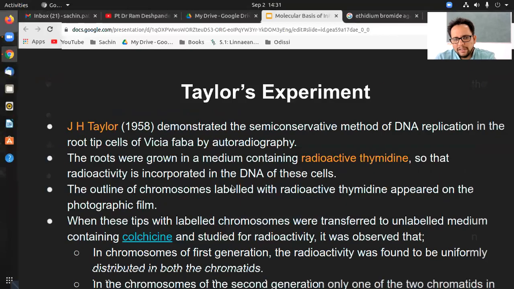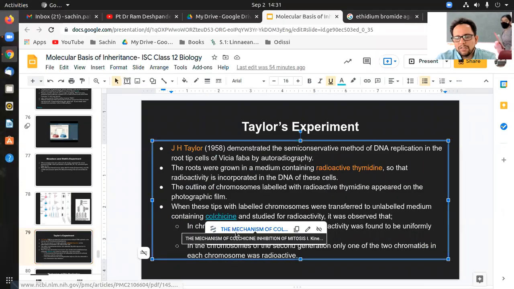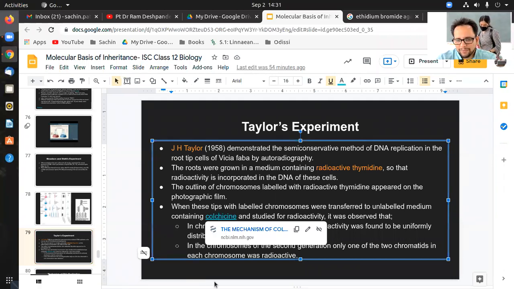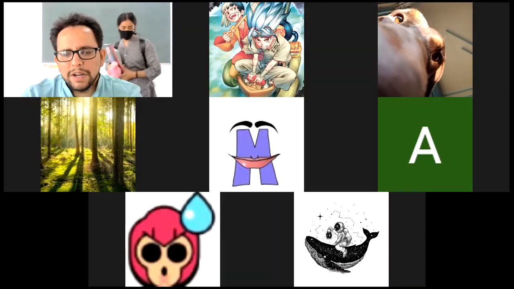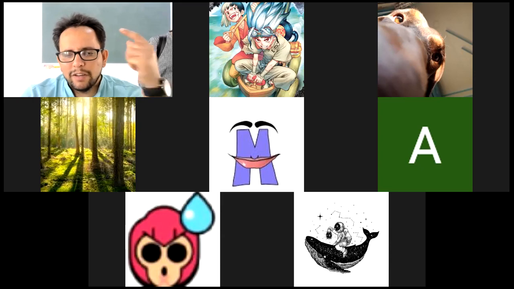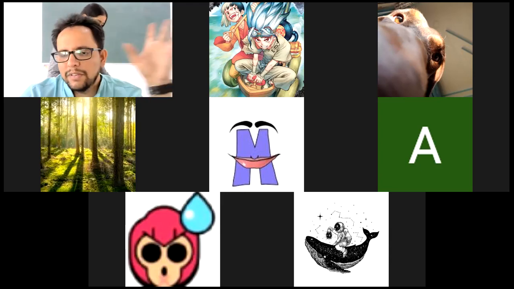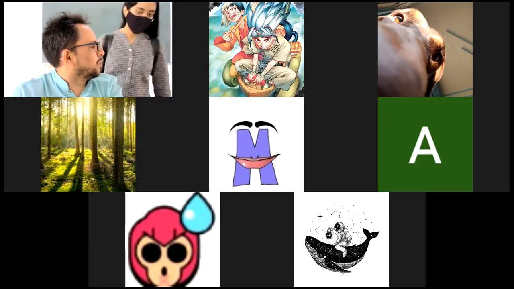Again, there is an article that I have attached which talks about the mechanism of colchicine in the cell cycle. The cell cycle will be arrested at metaphase, because it blocks spindle polymerization. So ultimately the cell cannot finish the cell division and will stay in that stage.